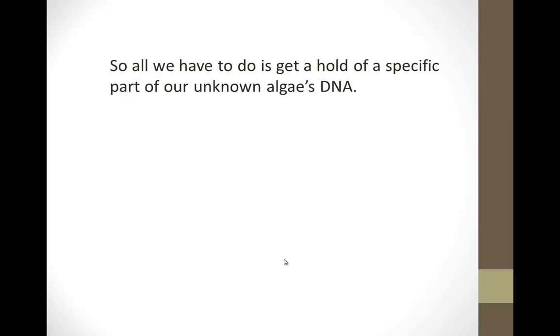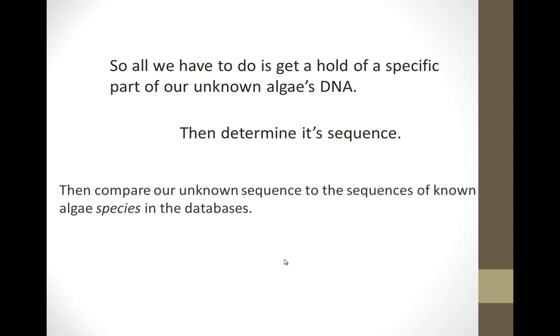So all we really have to do is get a hold of a specific part of our unknown algae's DNA. Not the whole genome, just a specific part of the genome. Then we determine its sequence. What order do those A's, C's, T's, and G's fall in for our gene of interest?